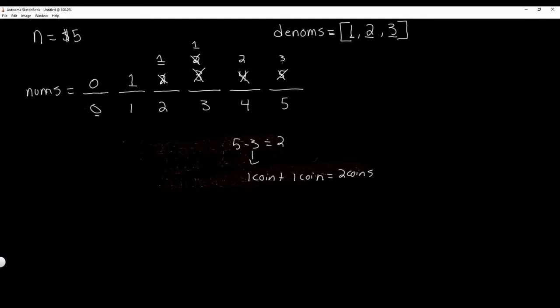And 2 coins is less than 3 coins, so we update it with 2 coins. And now that we have iterated throughout our nums array with every single coin denomination in our denoms array, we have found that the minimum number of coins necessary to make change for $5 is 2 coins.